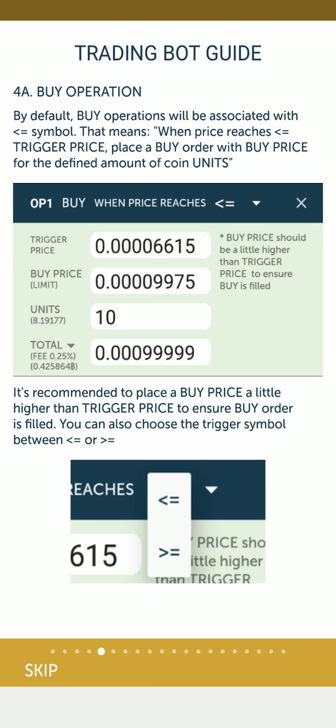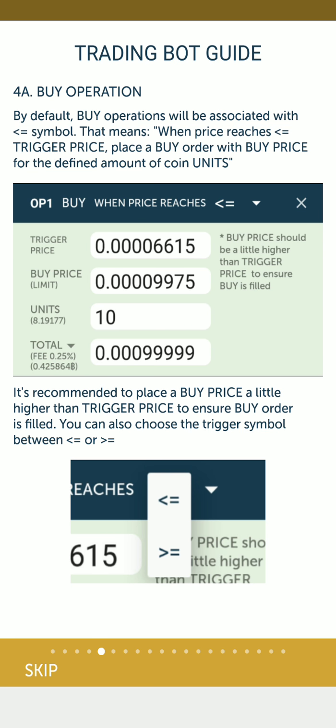So what happens is the coin runs up, hits your target, and then as the price continues to push, the bot will follow the price up, and your trailing stop loss will follow the price up and keep that 3% gap.